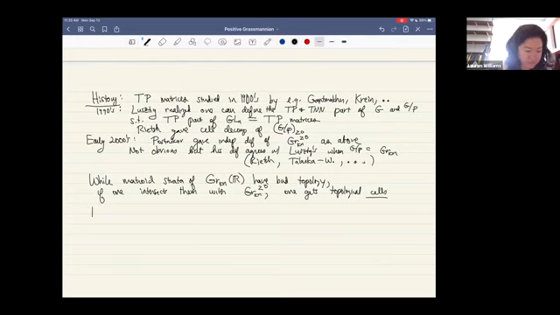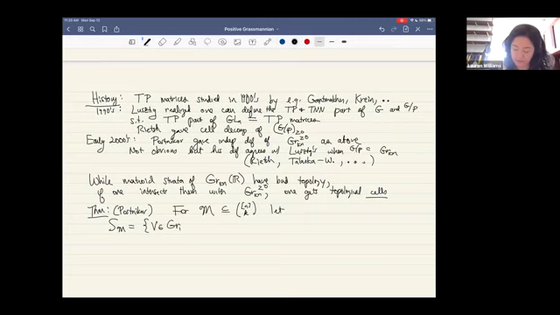So let me write down this theorem, which appears in Postnikov's 2006 preprint on the subject. So if M is a collection of k element subsets of the numbers 1 through n, then let's let S_M be the set of all points in the positive Grassmannian where the Plücker coordinate p_I of V is strictly positive if and only if I belongs to this collection.